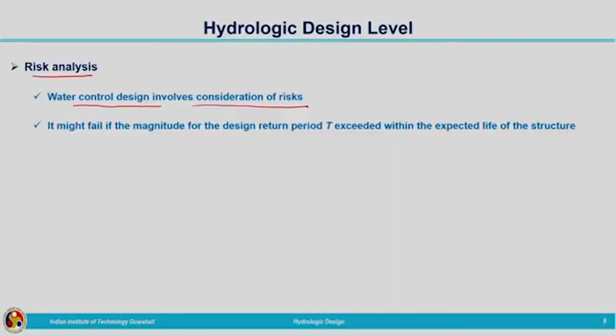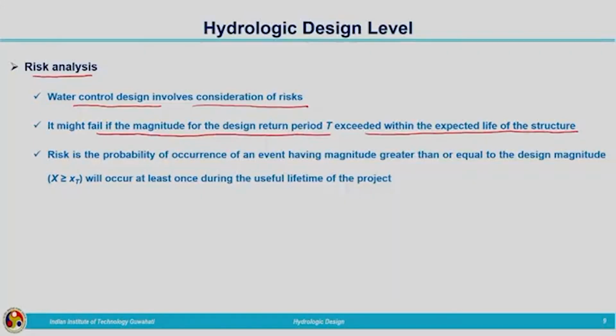These control structures involve the consideration of a certain amount of risk. The structure might fail if the magnitude for the design return period T is exceeded within the expected life of the structure. There is an expected life of the structure. Within that period, the structure should be safe. So, this structure might fail if the magnitude of the particular event corresponding to a return period exceeds that value.